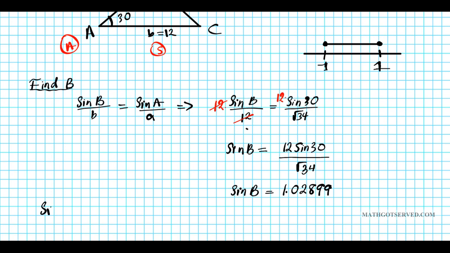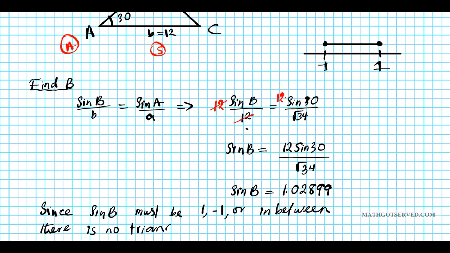Okay, so let's write down a real quick remark. Since sine of any angle must be 1, -1, or in between, there is no triangular solution.